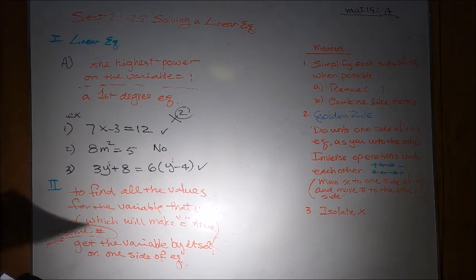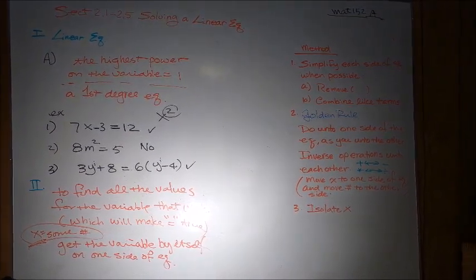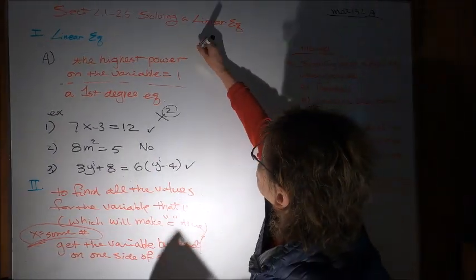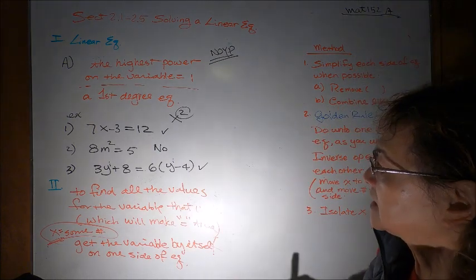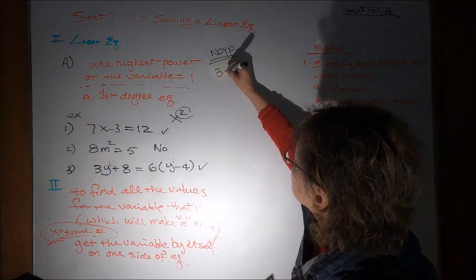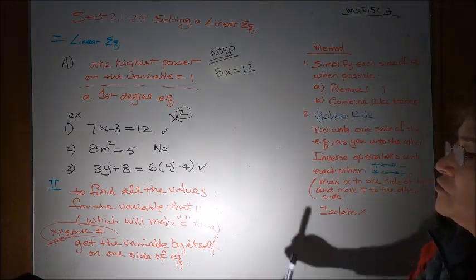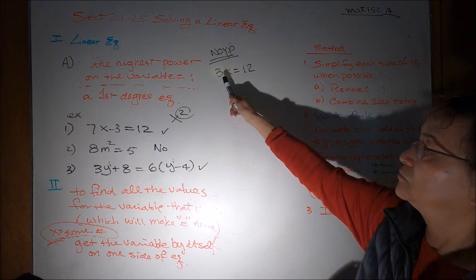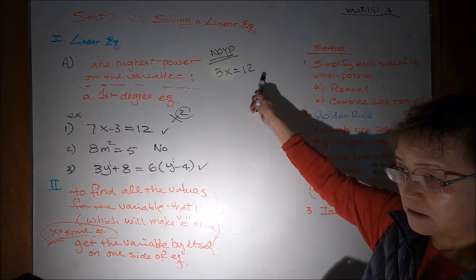Say I have 3x equals 12. What do you think x would be? 3 times something becomes 12, right?